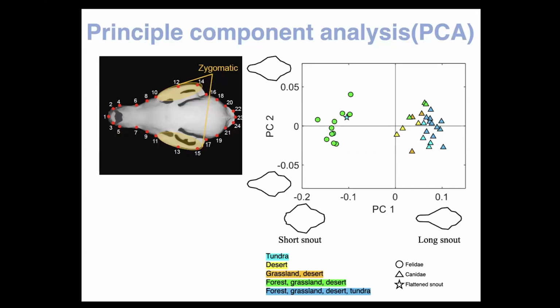All the skull species on the right are Canidae, which are foxes. All species on the left are the cat family here.